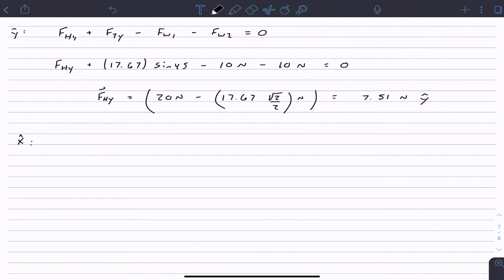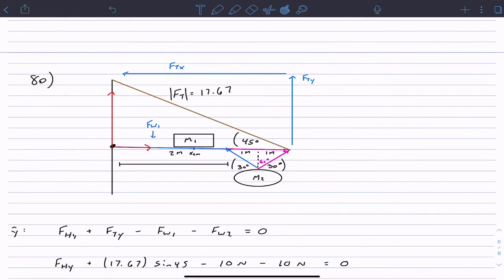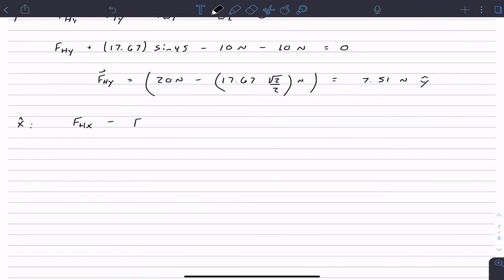So let's do this. F hinge x minus this tension force pushing opposite. This is pushing outwards. This is pushing outwards. This is pushing inwards, right? So minus F_TX equals 0. Again, we're in equilibrium.